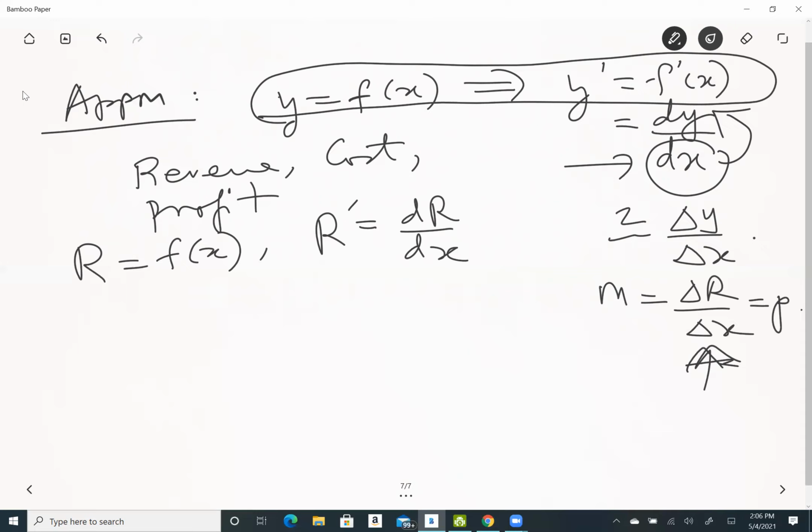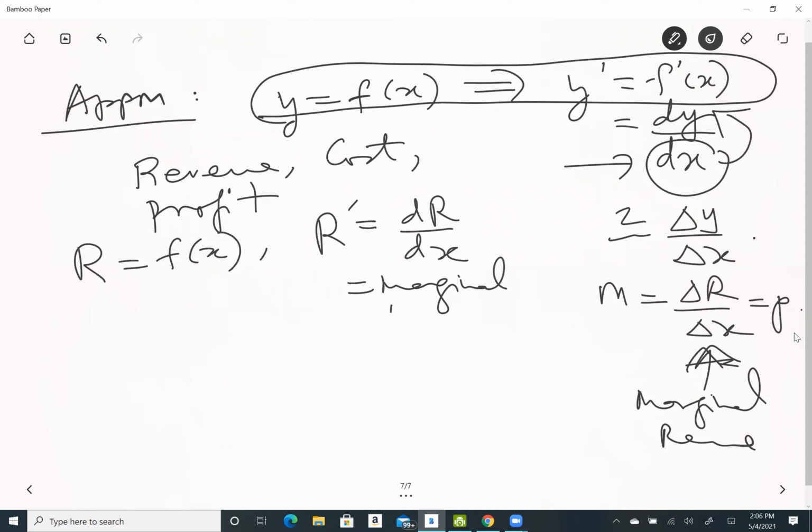Anybody remember? It's the marginal revenue. Okay, so that's marginal revenue. So similarly here, this delta r over delta x, dr over dx, that's the change in x, and then what happened to the r? So that is called what? That is called the marginal revenue.